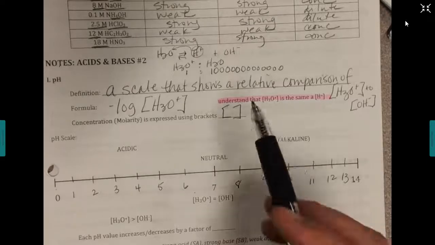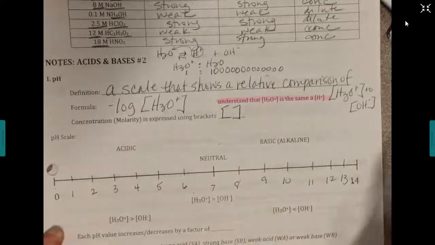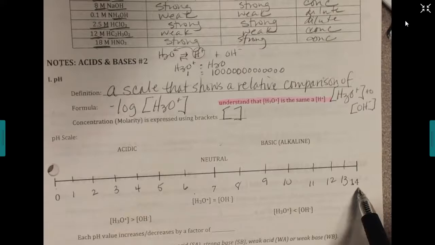So not 14 times, I'm sorry. 1 out of every 100 trillion water molecules is a pH of 14.